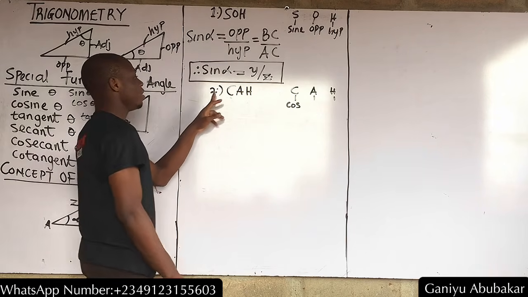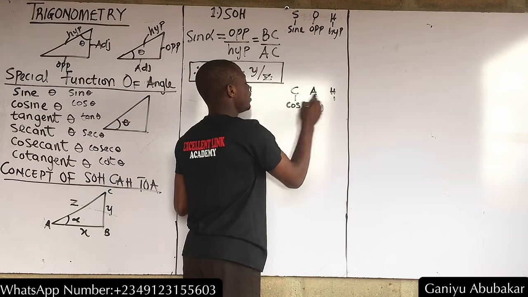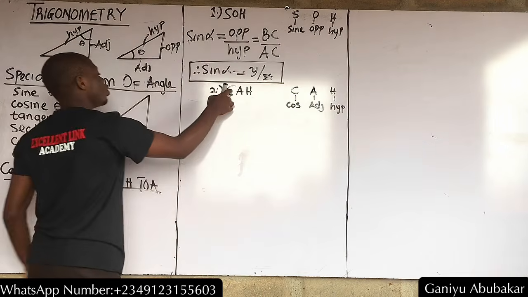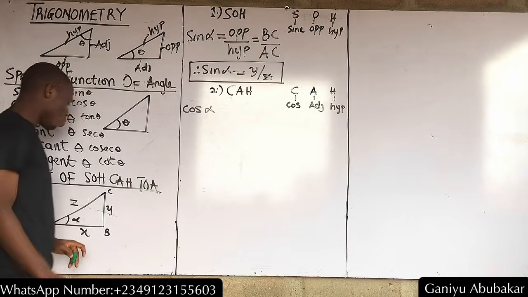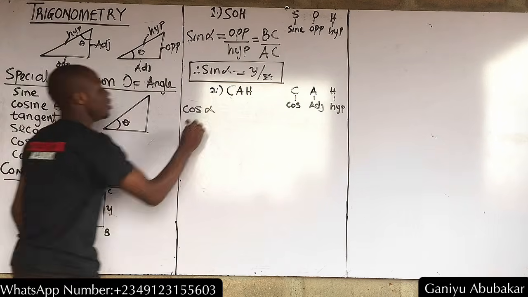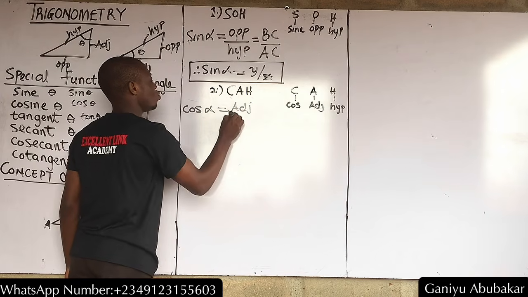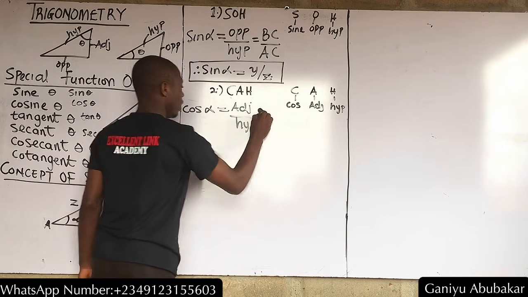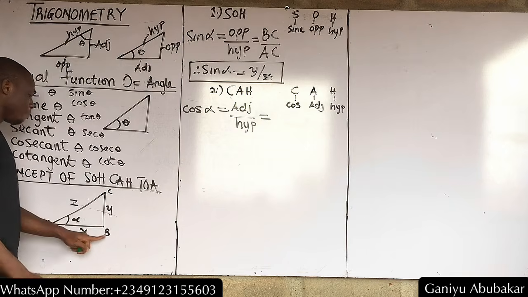Alright, this is adjacent here. This is hypotenuse. So I'm saying now that cos alpha, which is the angle I'm considering here, is equal to the ratio of adjacent to its hypotenuse. Help me check what's my adjacent from this figure here. That's AB.